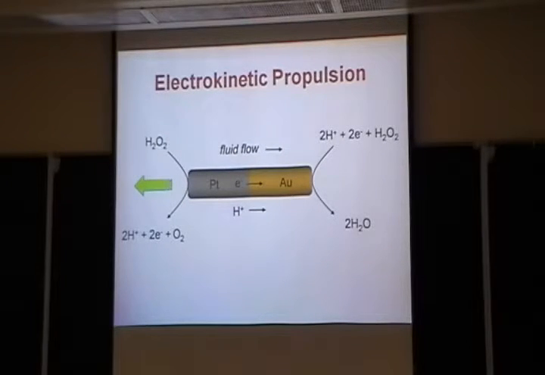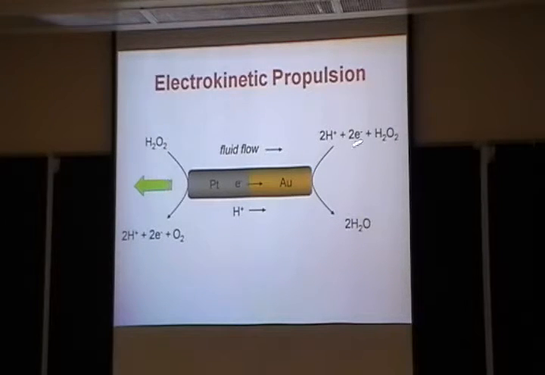Now that is what we call a disproportionation reaction, i.e., what that means is half of the hydrogen peroxide is getting oxidized and the other half is getting reduced. And the reason we have 2 different metals is that platinum catalyzes the oxidation and the gold side catalyzes the reduction. And so on the platinum side, hydrogen peroxide is getting oxidized, you make oxygen, and you make 2 protons and 2 electrons.